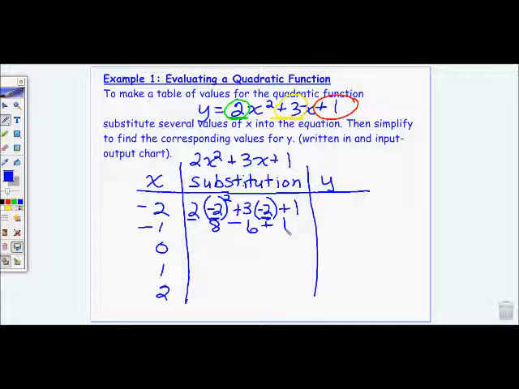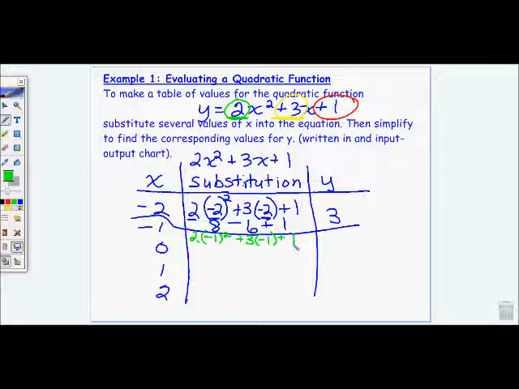All right. I'll make this one a different color and try to write a little bit smaller. So this time I have 2 times negative 1 squared plus 3 times negative 1 plus 1. I'll multiply that out over here to the side.